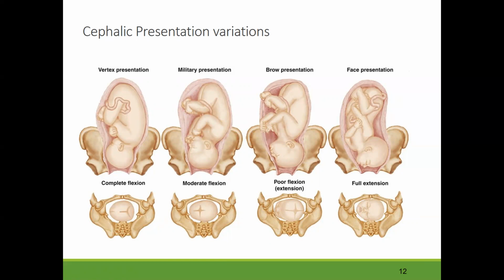We have the brow presentation again, where the fetal head is completely extended, and then the submentobregmatic diameter presents in the pelvis, or we could have that face presentation where the fetal head is in partial extension and the occipitomental diameter, which is the largest diameter of the fetal head, presents into the pelvis. So again, that first one, the vertex presentation, is ideal, but we can deliver in most of these. Face, you could still deliver, it's just a little bit more difficult.